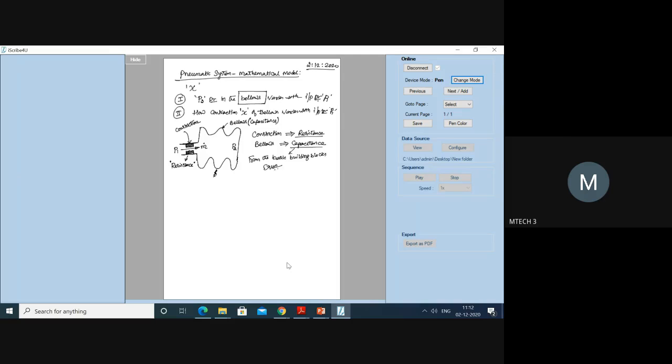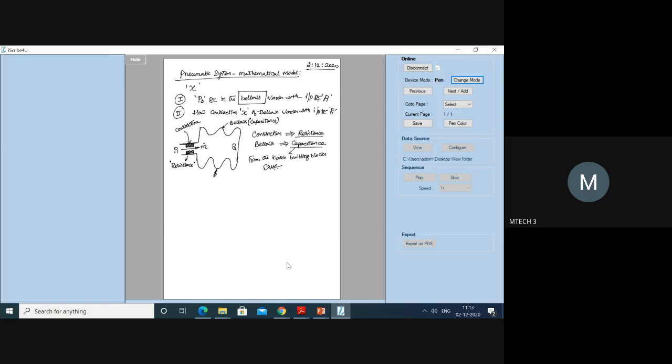Now we'll start with the resistance. In the resistance, what is the flow? It is against the mass of the gas that is entering. I am restricting the rate at which the mass enters into the bellows.